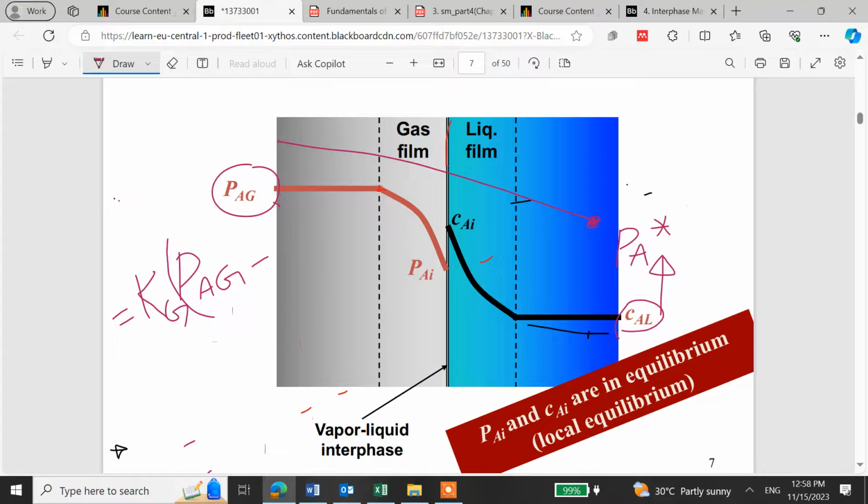What is the equivalent or equilibrium pressure of A with respect to CAL, the bulk concentration in liquid? That is the driving force. So the total mass transfer driving force is from PAG to PA star. Then this KG is the overall mass transfer coefficient with respect to gas. So this is the flux.